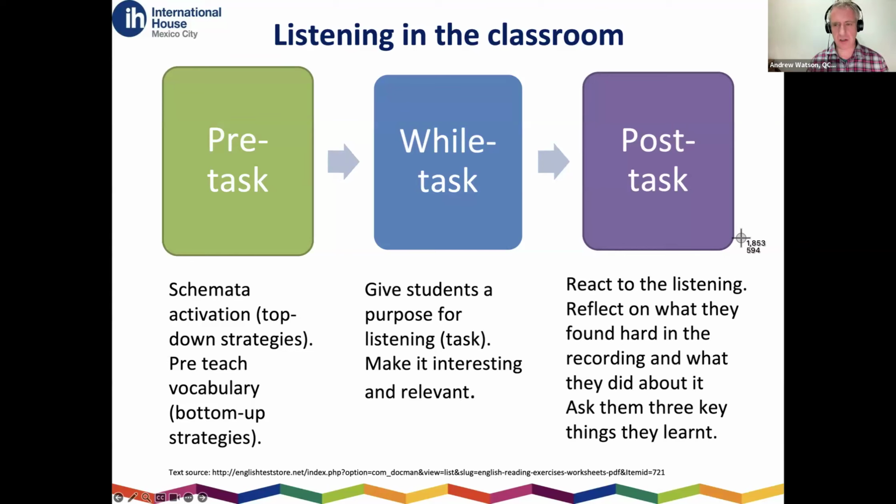They react to the listening, reflect on what they found hard in the recording, what they did about it, and ask them maybe 3 key things that they learned from the listening. That's one possible way of doing it.